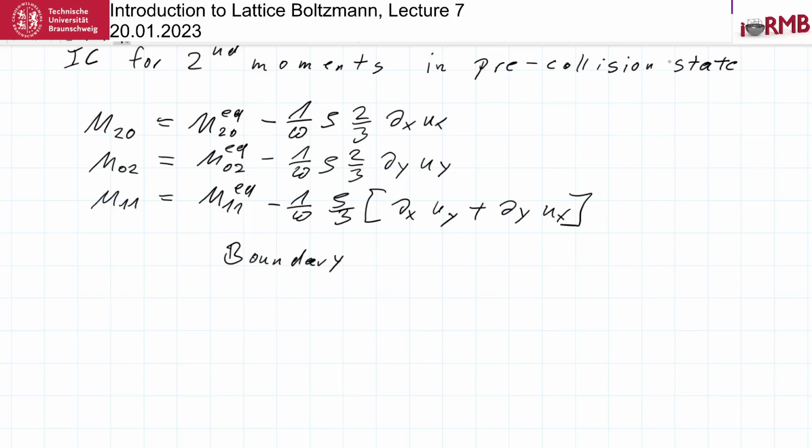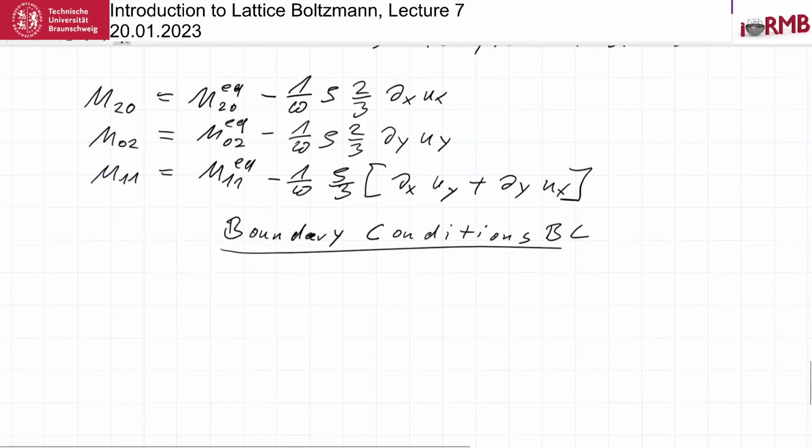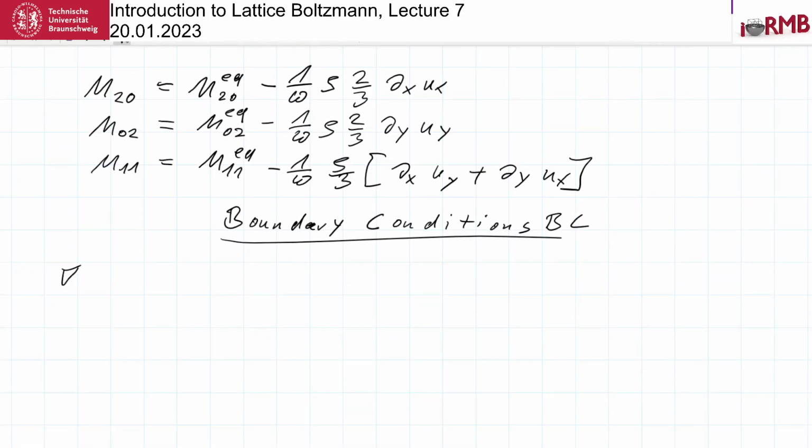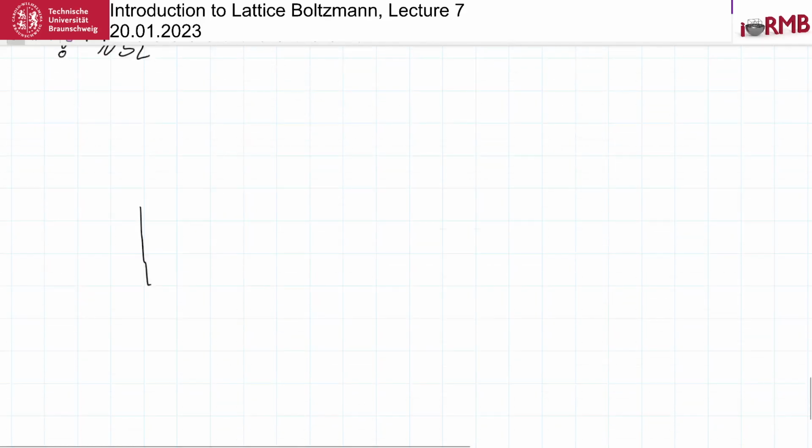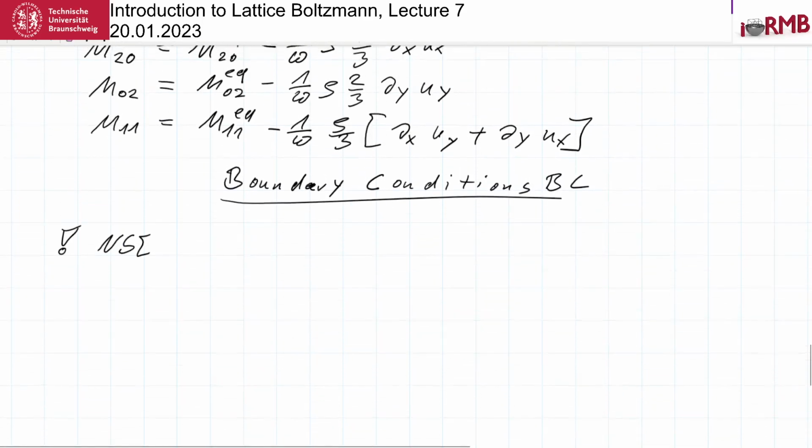We don't have the time to talk about all boundary conditions, but we'll mainly focus on velocity boundary conditions here. Yes, so again, we have kind of a problem because the Navier-Stokes, I have a problem with my computer apparently.